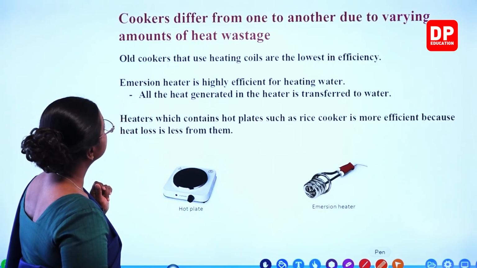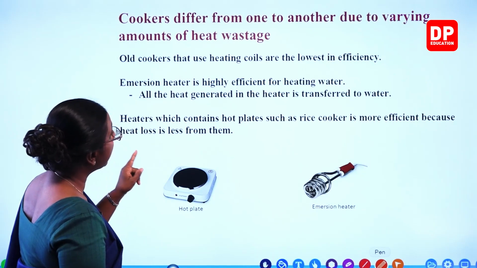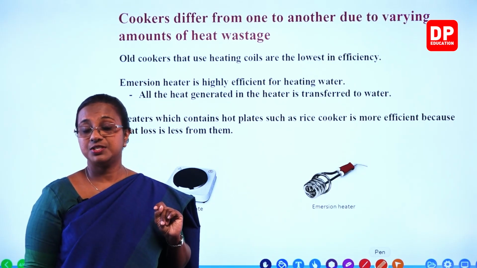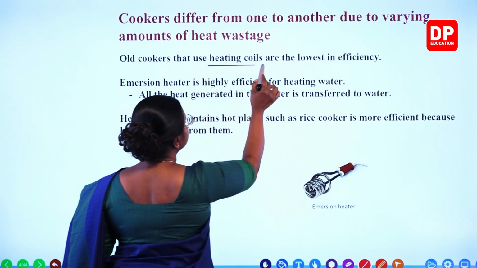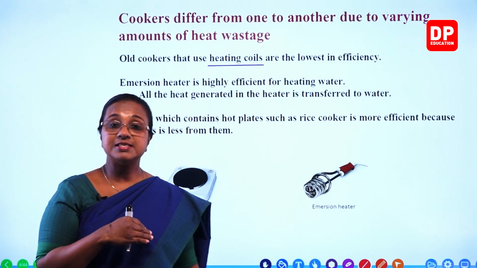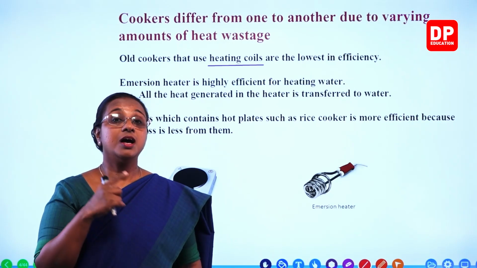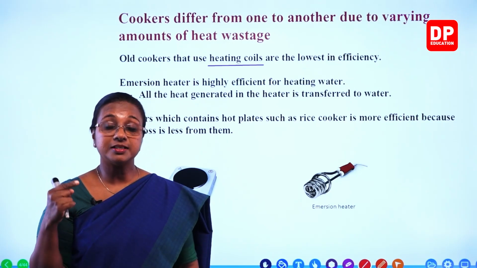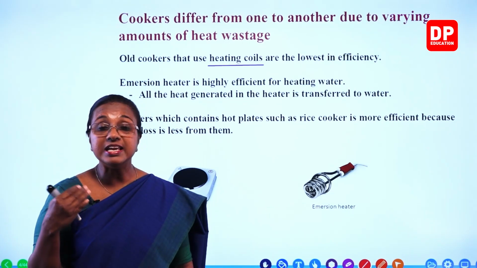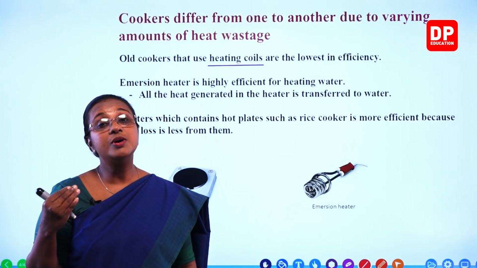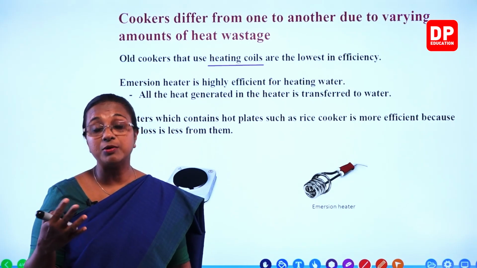Now, all cookers that use heating coils are the lowest in efficiency. You all are familiar with heating coils. We have seen this. When we previously discussed devices, different conductors, different metals or substances that have very high resistance usually tend to produce a high amount of heat.